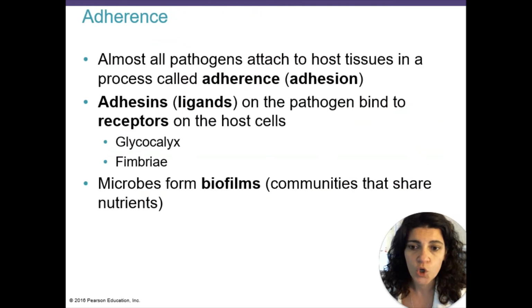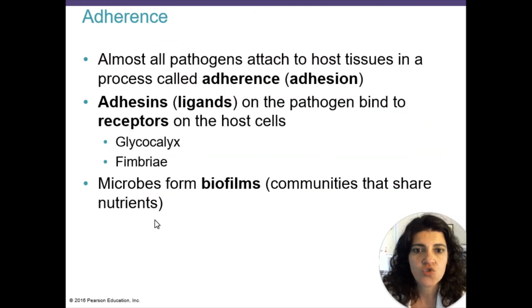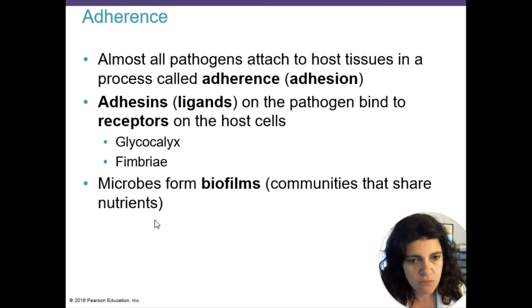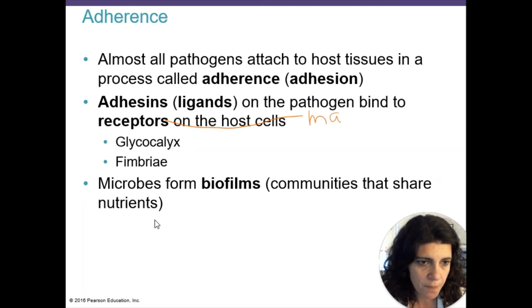Okay? Cool. Now we're going to talk about adherence. So almost all pathogens attach to host tissues in a process called adherence or adhesion. Adhesins or ligands on the pathogen bind to receptors. The main receptor that they bind here is called mannose.